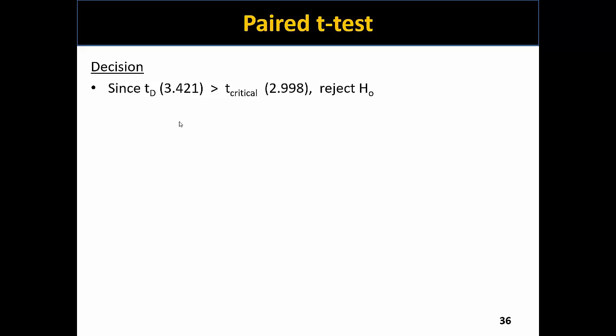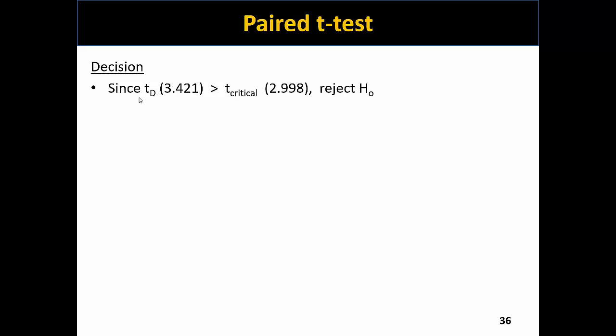So recall that our critical t-value was a value that was quite a bit higher than we had observed in previous examples at 2.998. And so at 2.998, this is a critical t-value that is a much higher standard for null hypothesis rejection.